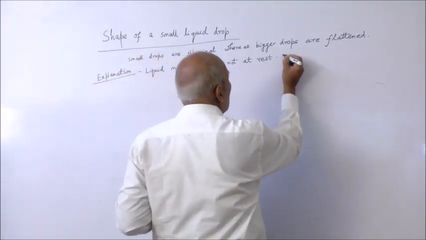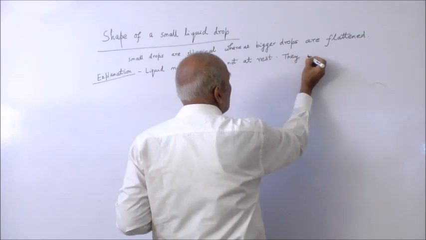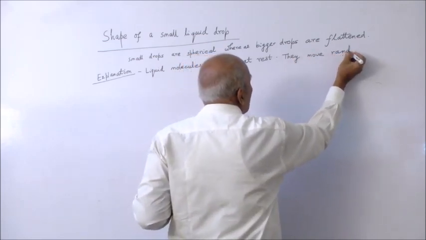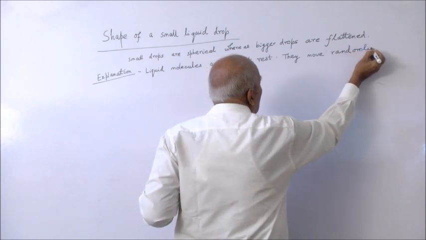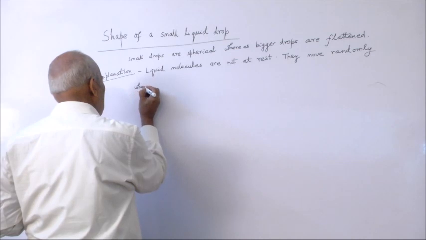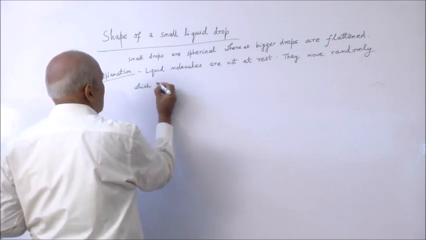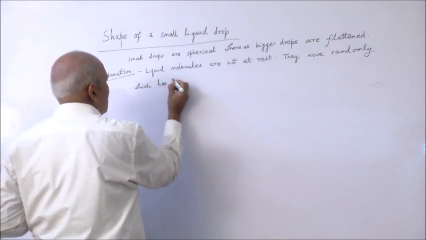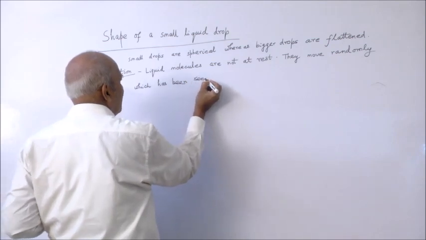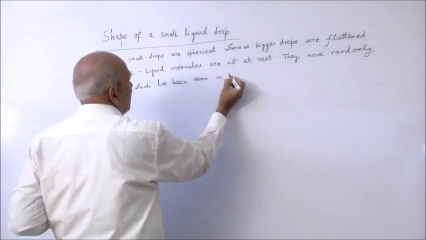They move randomly, which has been seen in Brownian motion.